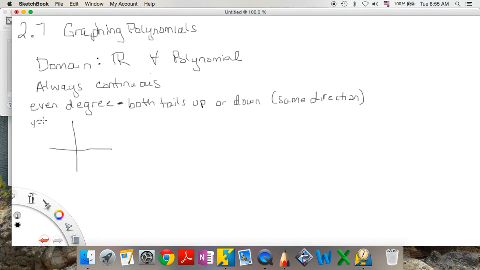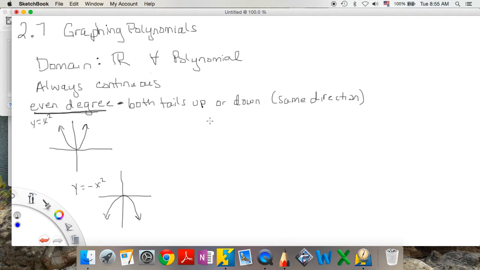That's an even degree. So we have both tails up. See, both pointing up. Or if we have negative x squared, we have both tails pointing down. Now, if you have a 4th degree or a 6th degree, 8th degree, no matter what happens in the middle, your tails are going to be in the same direction, no matter what, with an even degree polynomial.